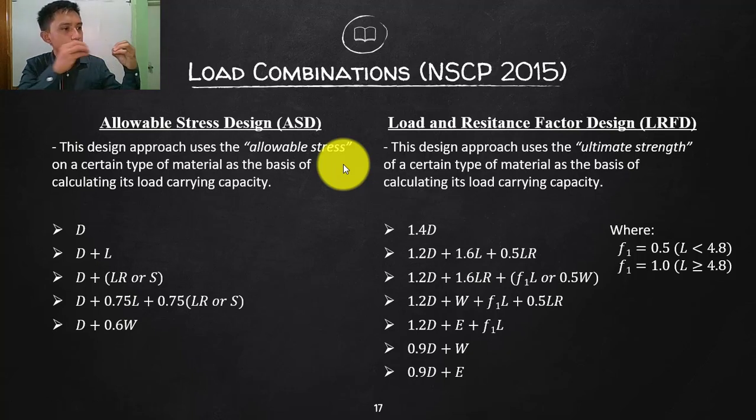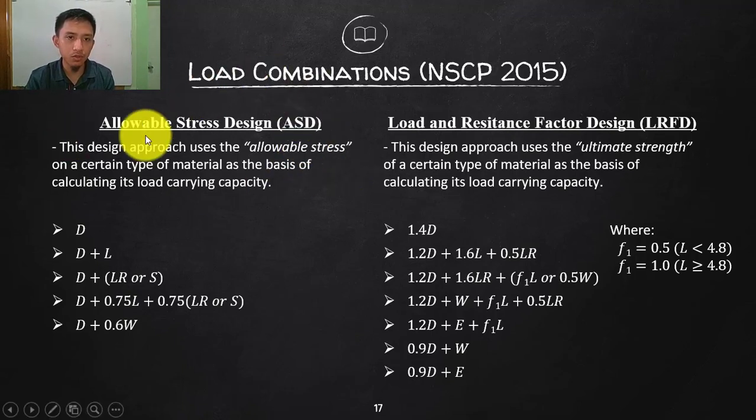If you test its capacity, you will have the exact capacity of that specific material. But that is not true for all of this type of material. There are factors that will affect it. So we have what we call the allowable. We will be only using a percentage of the exact capacity. That is what we call the allowable stress, and that will be discussed again in your design subjects.